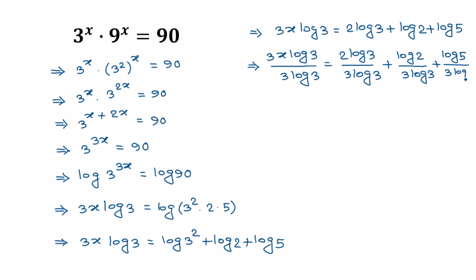On the left, the 3 and 3 will cancel out, and log of 3 and log of 3 will cancel out, and it will be x.